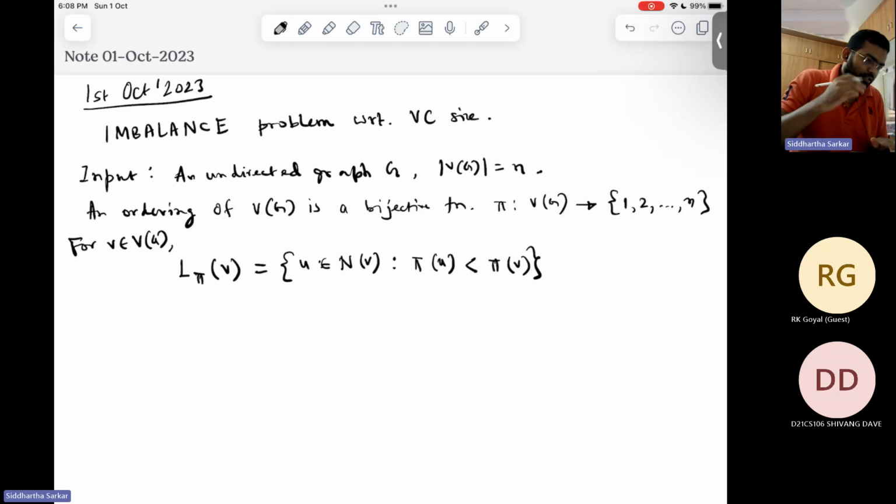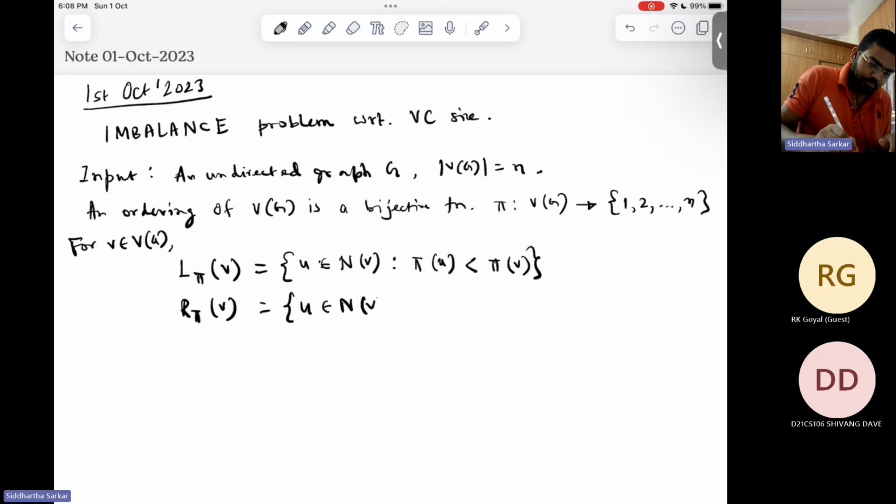Okay, so we'll take an example. And similarly, R pi of v is the set of those neighbors of v that have received a larger number than the label of v.